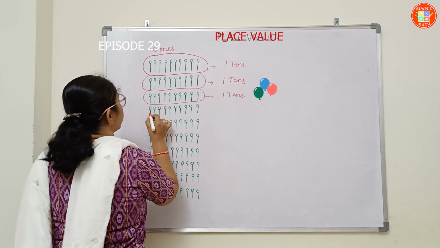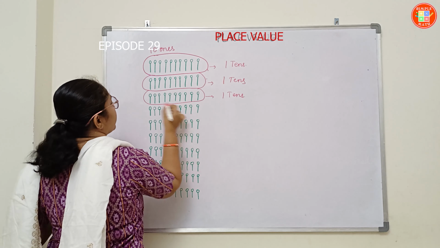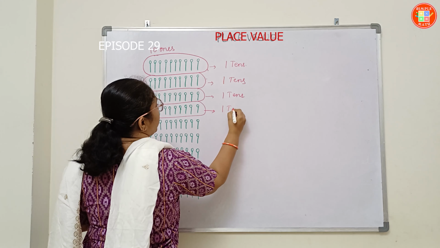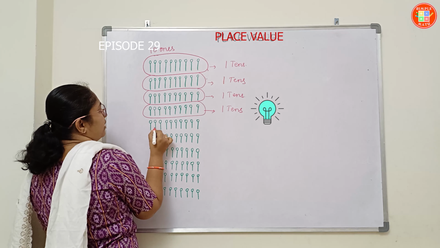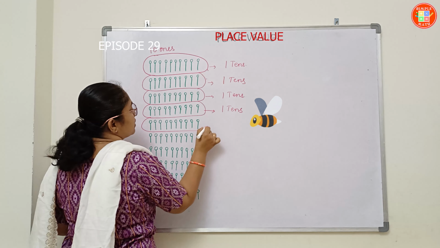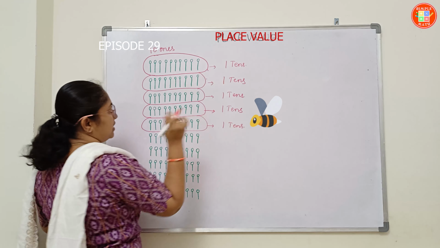The next count the next row. 1, 2, 3, 4, 5, 6, 7, 8, 9, 10. This is also one bundle. This also make 1 tens. Right? Next row. 1, 2, 3, 4, 5, 6, 7, 8, 9, 10. This make another bundle. Then next comes this 1 tens again.